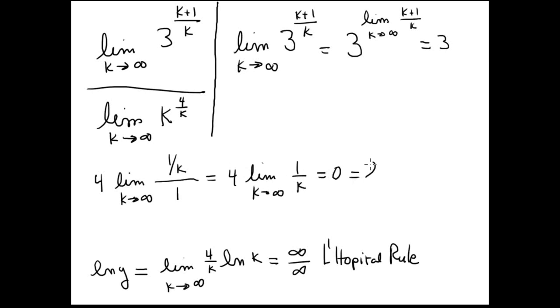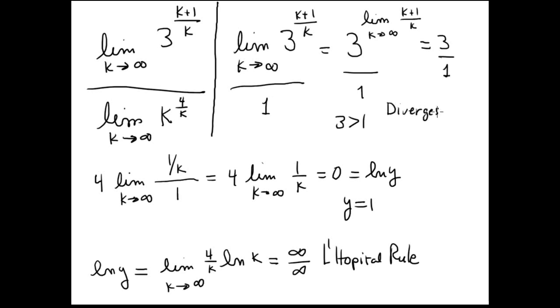But this is the natural logarithm of y, therefore y is 1. So the value of that limit is 1. Therefore the answer is 3 over 1, which is 3. And 3 is greater than 1. Therefore that series diverges by the root test.